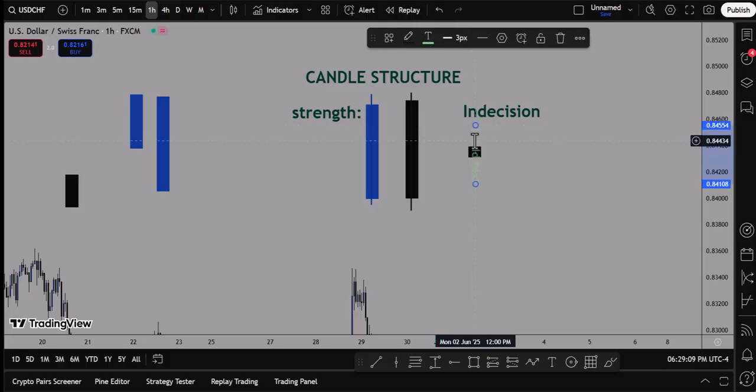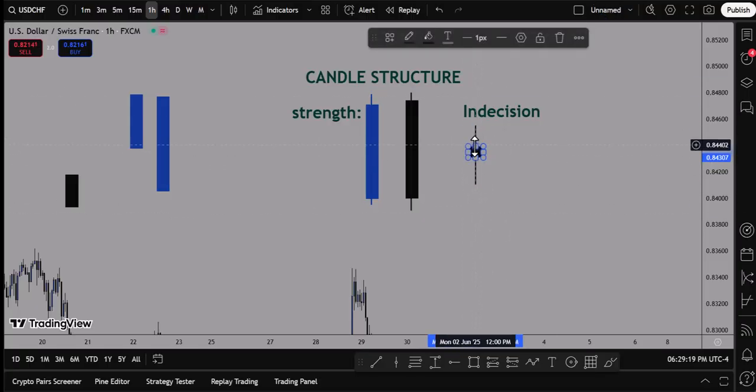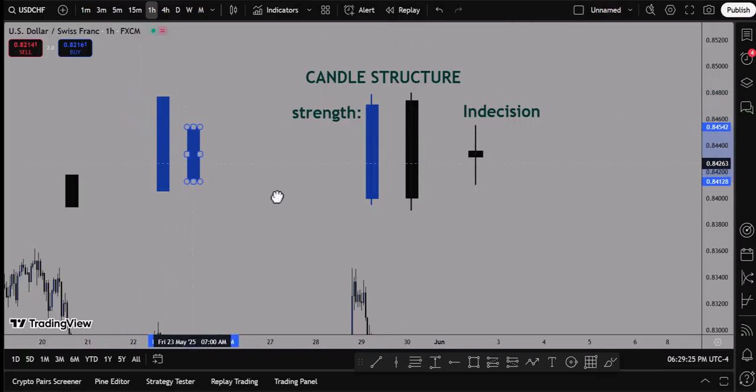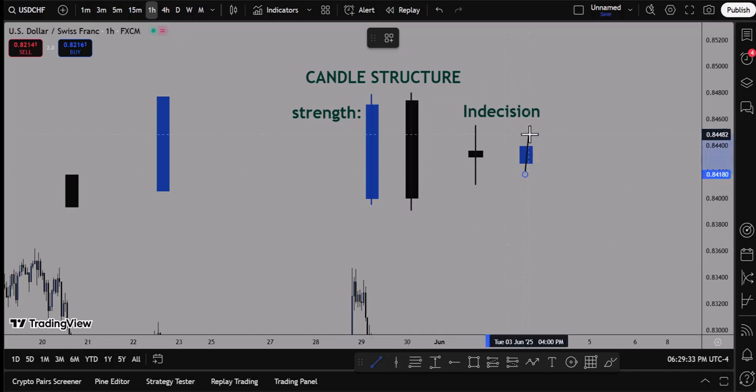So they're usually like this: a small body and then a long wick. Sometimes the body can even be smaller than this. Let me draw this as well. And some other times they can have not really a small body, a body of this nature.